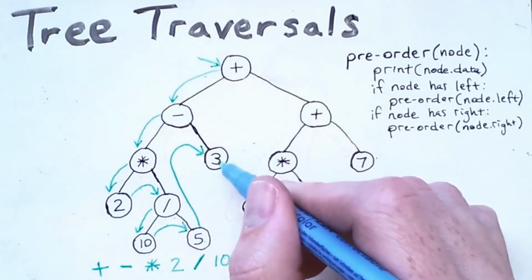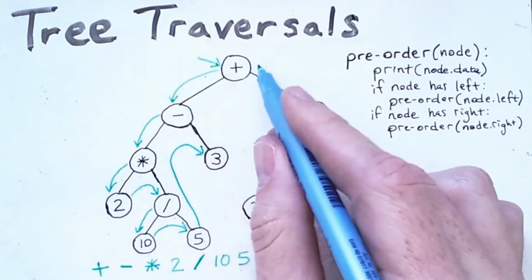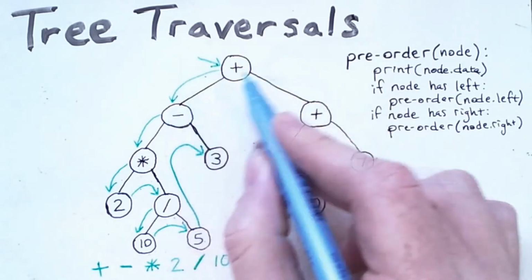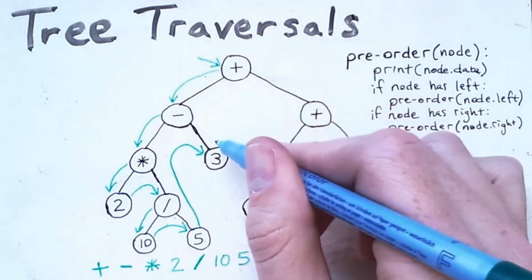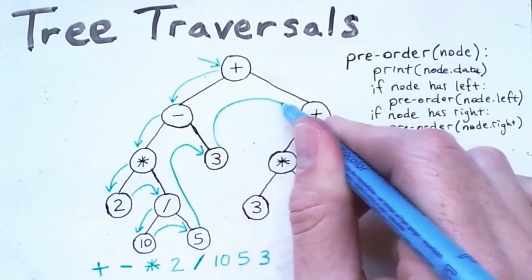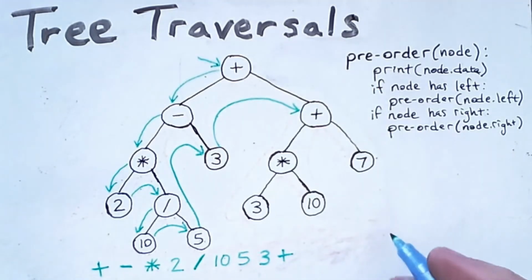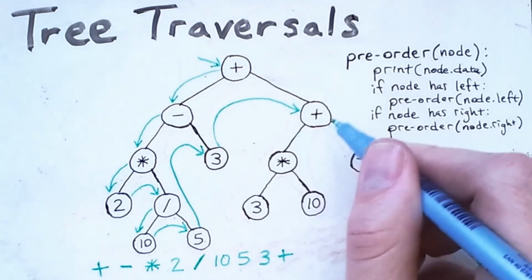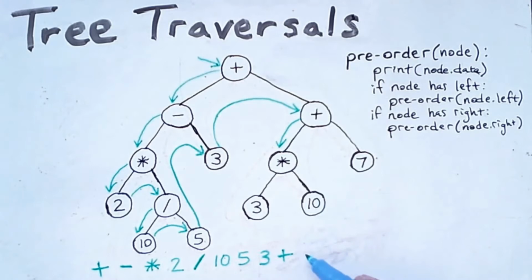Then we can't go left, can't go right, so we return. We've already gone to the right there, so we return. We went to the left from the plus, so now we go to the right, and then we visit that node immediately. So from the 3, the next thing we do is print out that plus, and then we go down the left side and print those nodes' data as we encounter them.